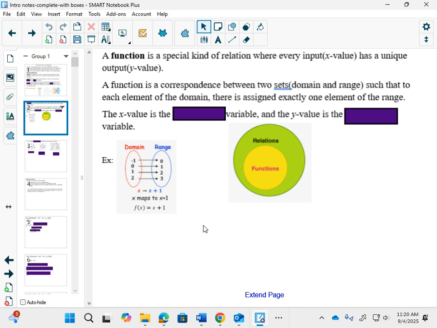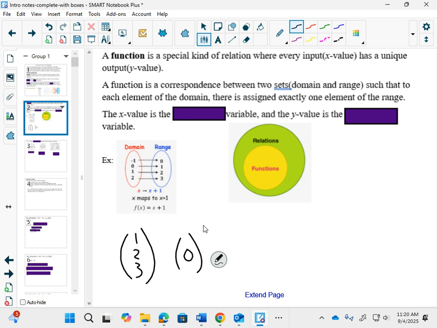So this would still be a function, if I have 1, 2, 3, and this as 0. This is the function of how much money you give your teacher and how many bonus marks he'll give you. You can give me $1, and I'll give you no bonus. You can give me $2, and I'll give you no bonus marks. You can give me $3, I'll give you no bonus marks. So it's still a function because each x value has one y value, even though it's the same y value.